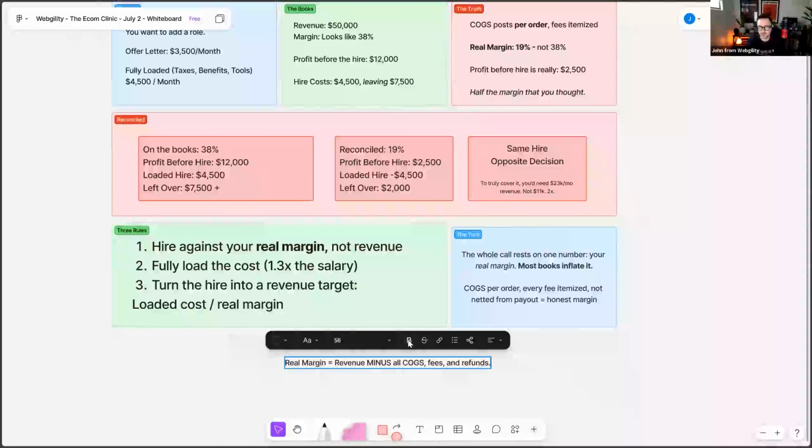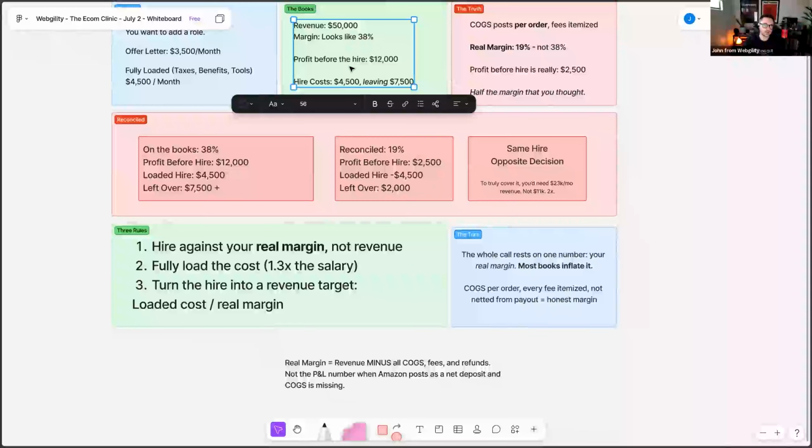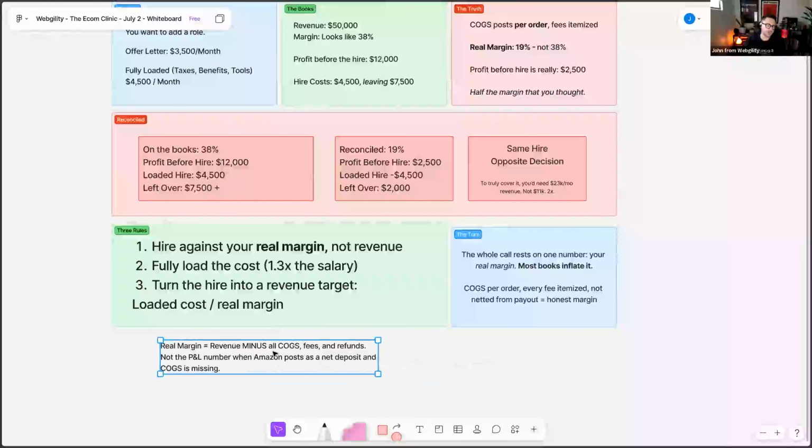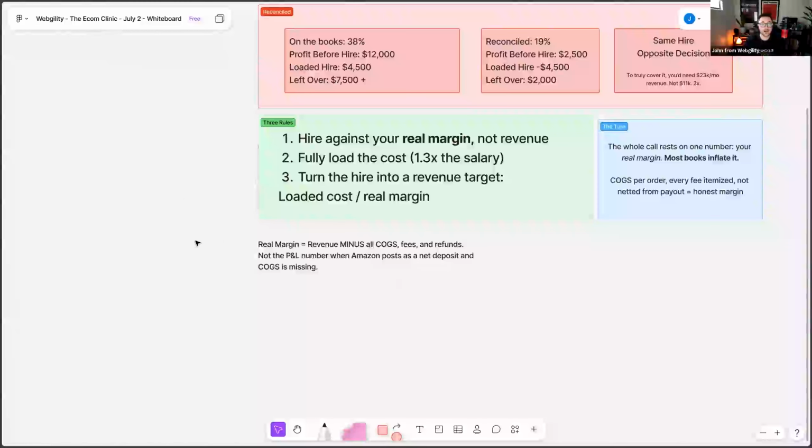So that's a pretty easy equation, but you don't want to include the P&L number when Amazon posts as a net deposit and COGS is missing. The biggest thing here is that COGS needs to be included. So this is where that 38% is on the books, but it ends up being 19% because you're just looking at the net deposit that Amazon put in the bank account, not the COGS that are associated with it, right?